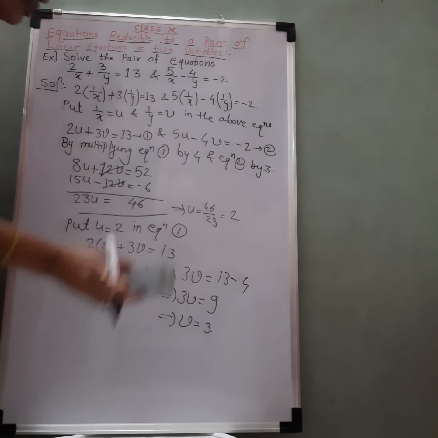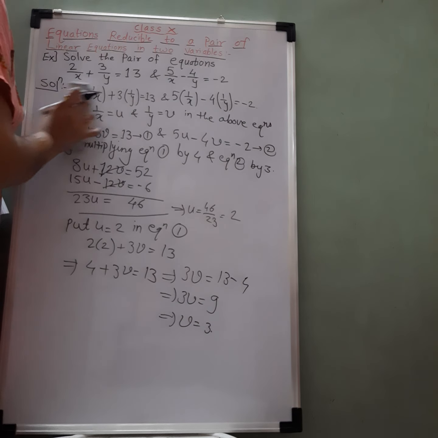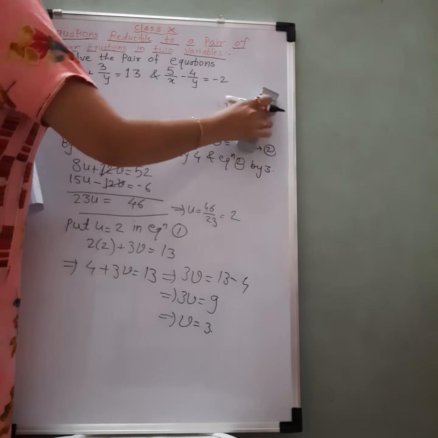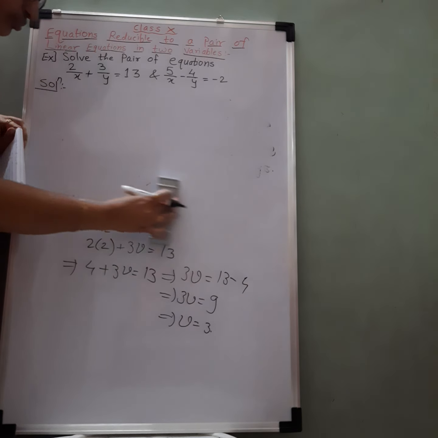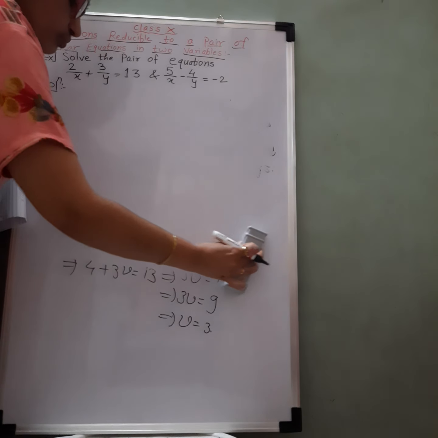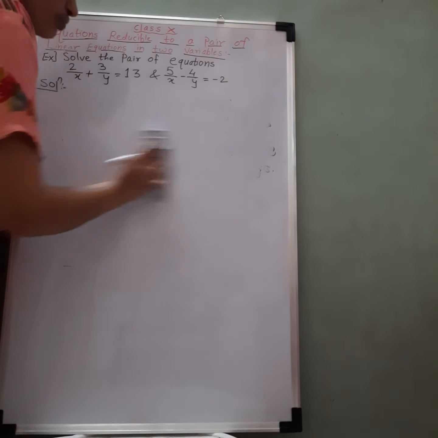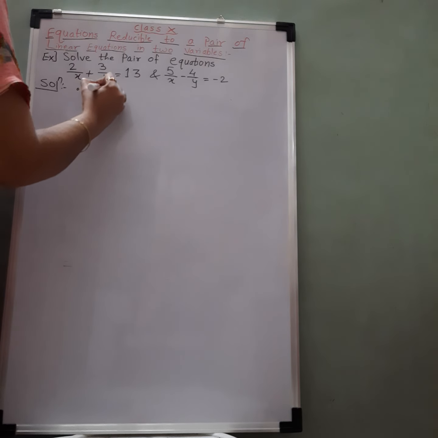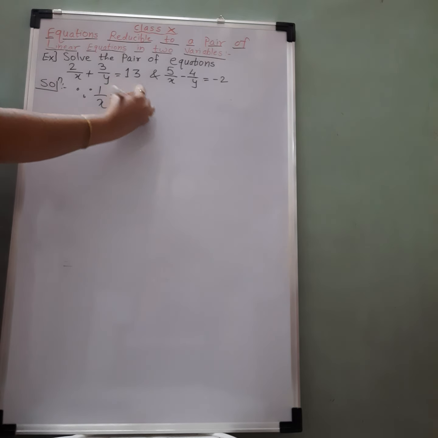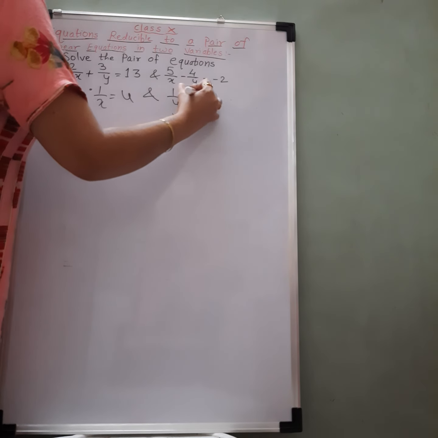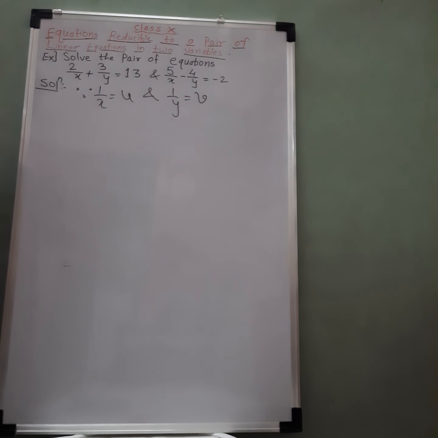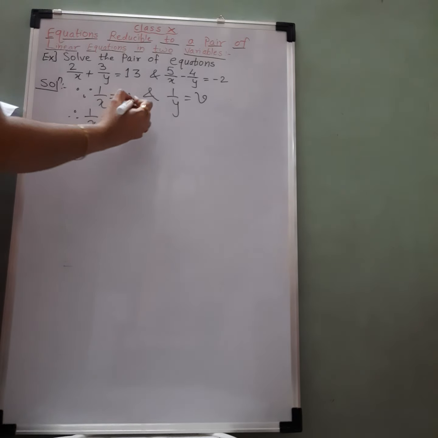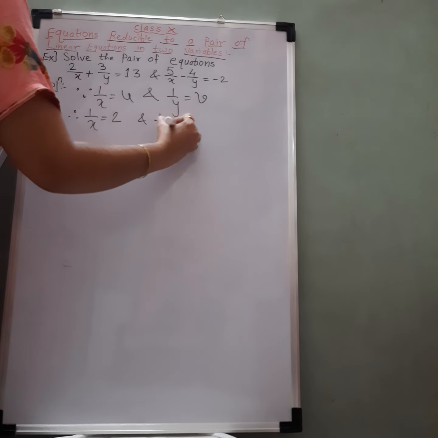Now since we put 1 upon x is equal to u and 1 upon y is equal to v, and we found u is equal to 2, therefore 1 upon x is equal to 2 and 1 upon y is equal to 3.